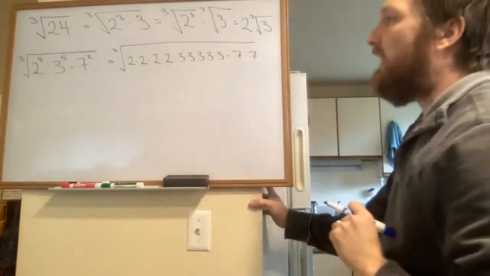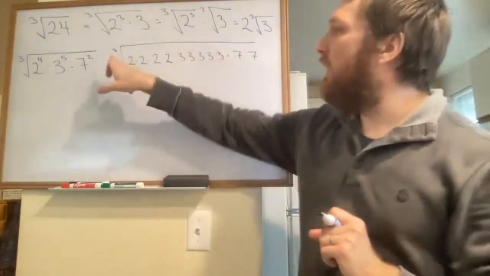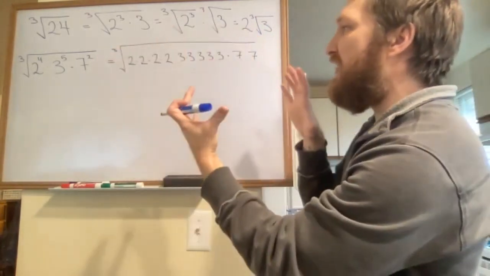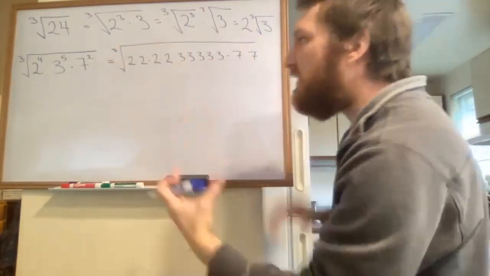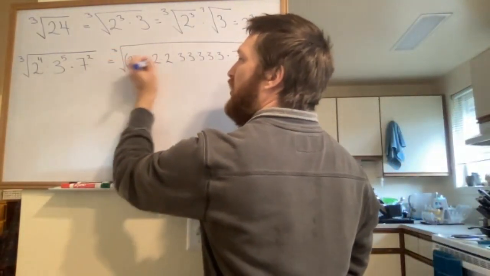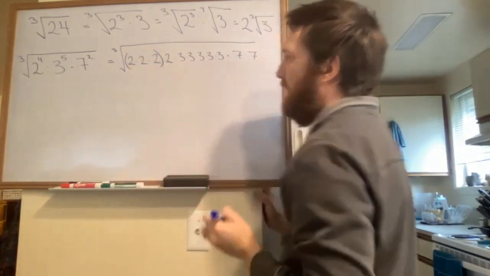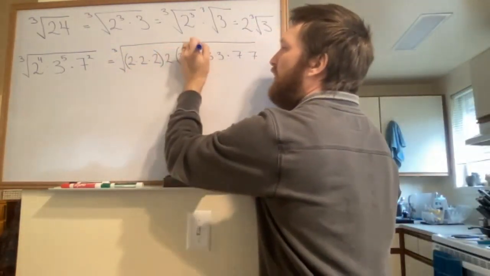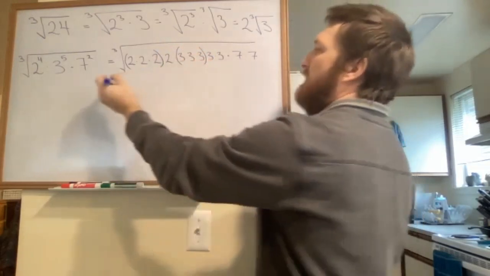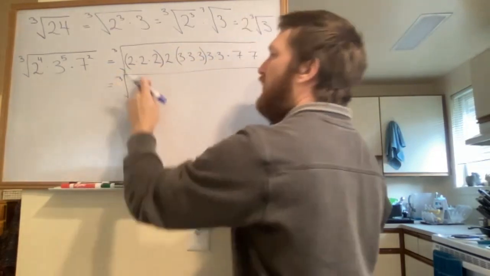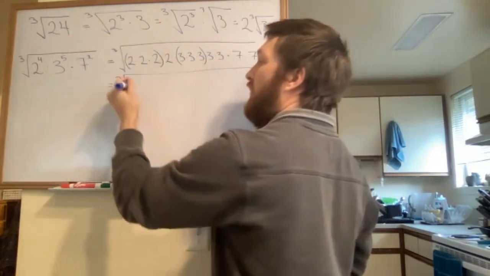Finally. Okay. And now I'm thinking, okay, well, I'm taking a cube root. So if I group these things by 3's, that's going to help me out a lot. As a matter of fact, I could group this into one group of 3's right there. I could group this into a group of 3's right there. And now let's see what we end up with. We have the cube root of 2 to the 3rd, or in other words, 3 2's.